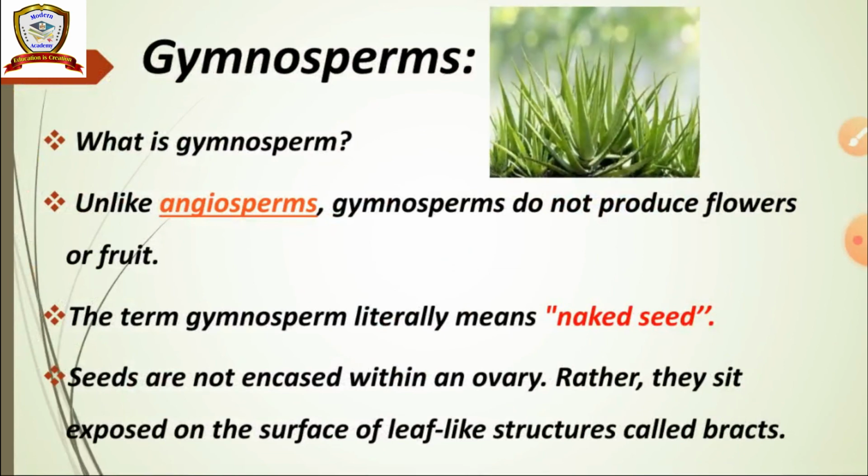Gymnosperms, unlike angiosperms, do not produce any flowers or fruits. So gymnosperms are called non-flowering plants. It means naked seed. In the angiosperm, the seed is present in the ovary, but in the gymnosperm, the seed won't be present in the ovary. Gymnosperm seeds are on modified leaf-like structures called bracts.